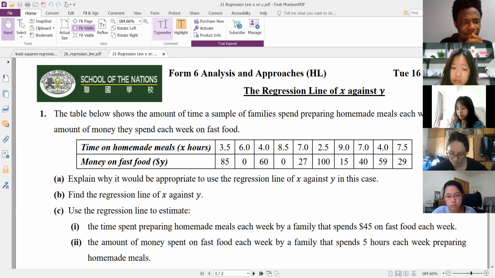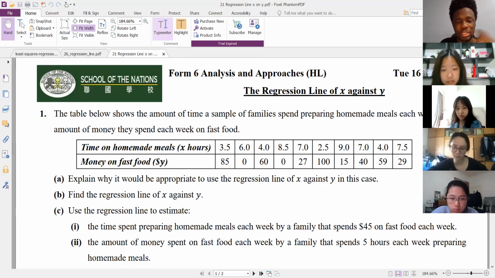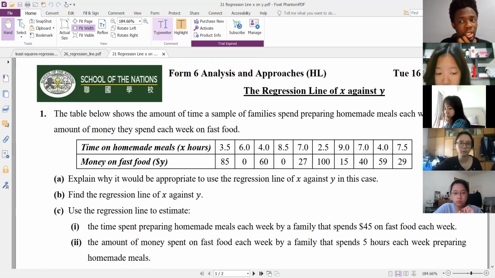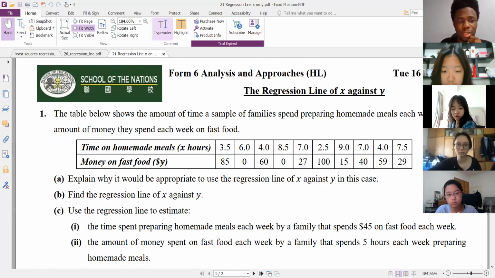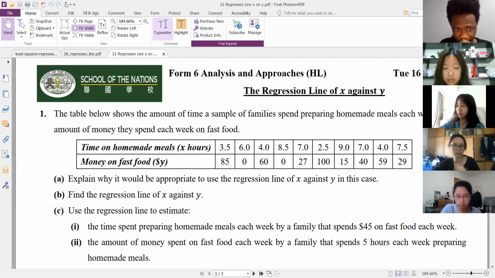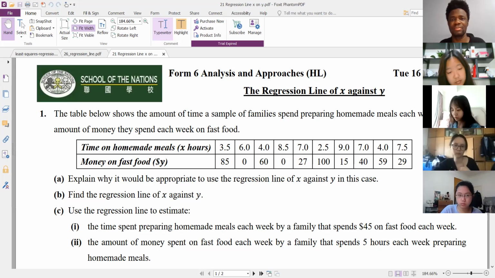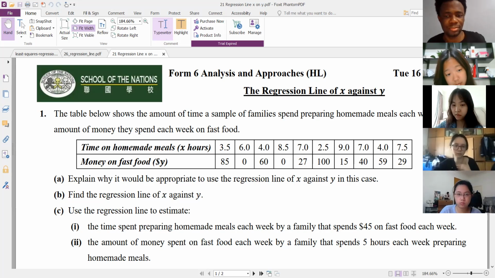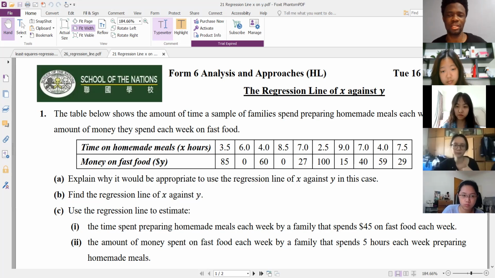The table below shows the amount of time a sample of families spend preparing oatmeal meals each week, and the amount of money they spend each week on fast food. Explain why it would be appropriate to use the regression line of X against Y in this case. Who wants to go first? X against Y, not Y against X, in this case.